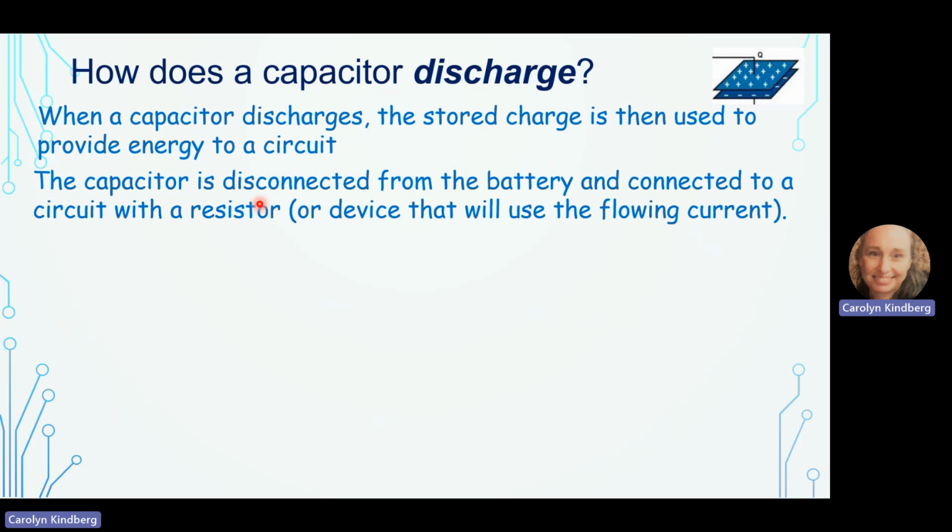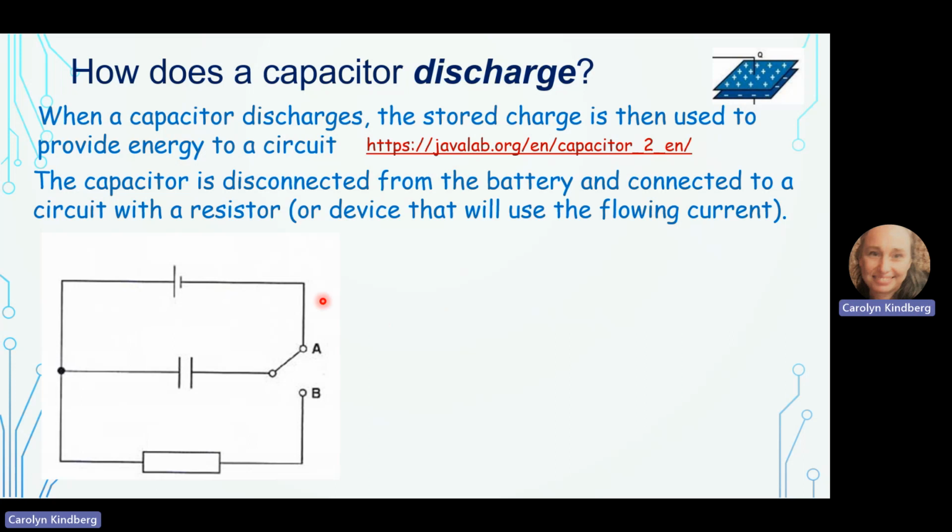There is an animation here, which I recorded separately. I suggest you look at the video recording of this animation to see a capacitor charging and then being linked to a different circuit to see it discharging.